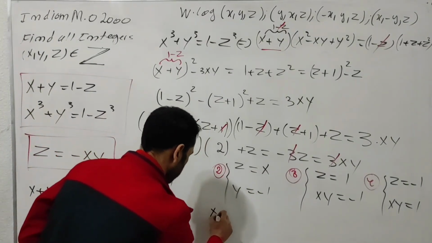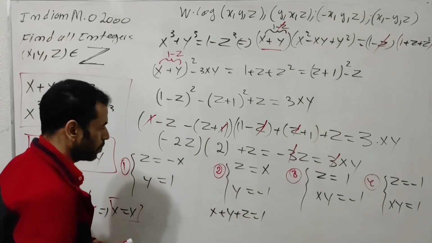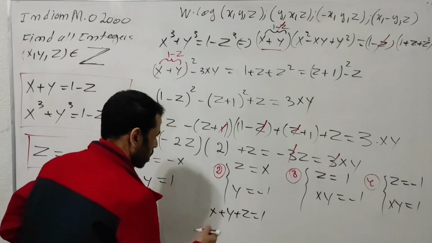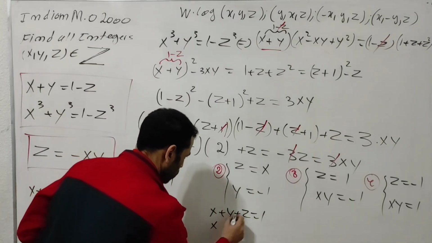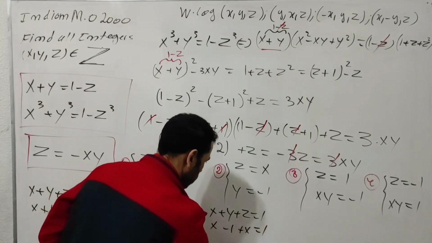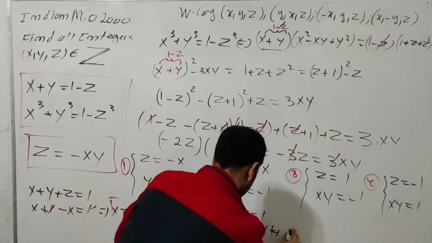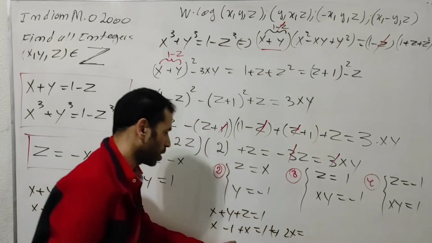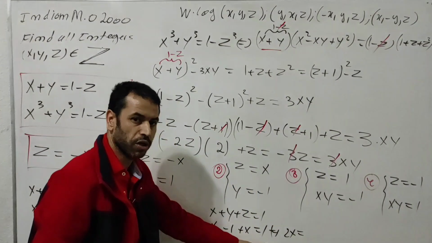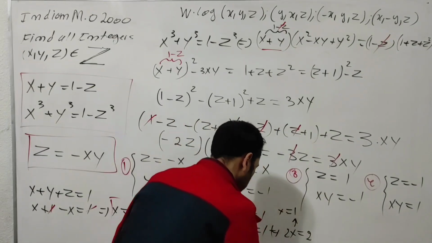In the second equation, I have x plus y plus z equals 1. By replacing y with its value, I get minus 1 plus x plus x equals 1. So I get 2x, and by taking minus 1 to the right hand side of this equation I get 2. That means x equals 1.